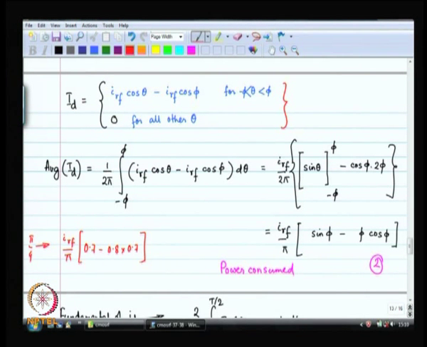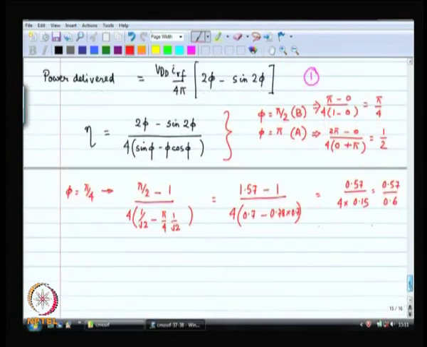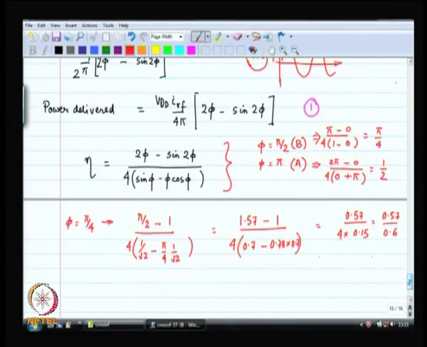Okay. So, I have got something of the order of 0.15. Right. So, the average current is going down. I am getting lesser and lesser average currents by conducting for lesser durations of time.